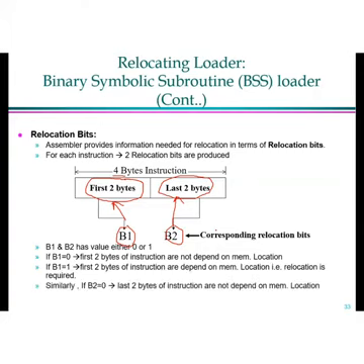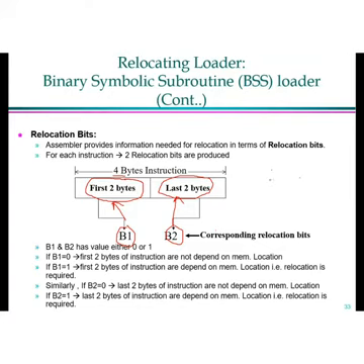Same way, B2 is 0 means the last 2 bytes don't need any relocation. B2 set to 1 means the last 2 bytes need a relocation. So there are 4 possibilities. 0 0 means both the first 2 bytes and the last 2 bytes don't need any relocation, so the complete instruction is not dependent on memory address.